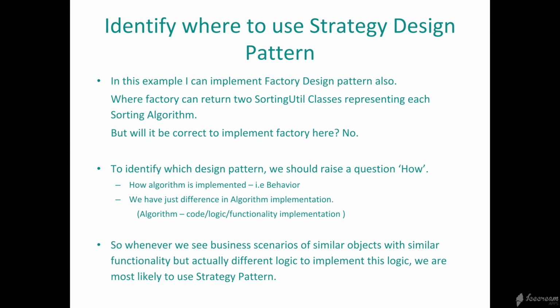So to identify which design pattern we should use, we should raise a question: how? How our algorithm is implemented, that is behavior. And we have just a difference in algorithm implementation. So whenever you see business scenarios where you have similar objects with similar functionality, but actual different code to implement this logic, we are most likely to use a strategy pattern.